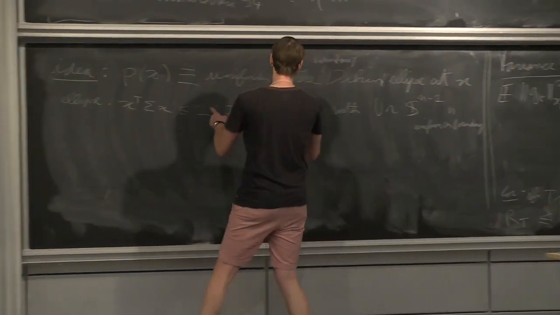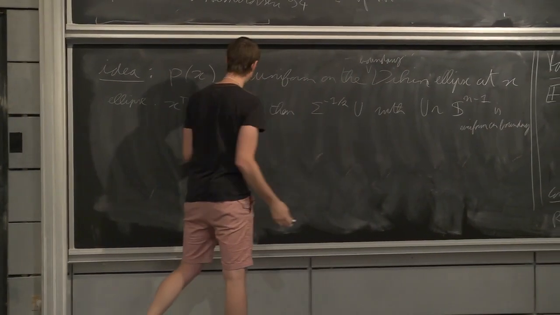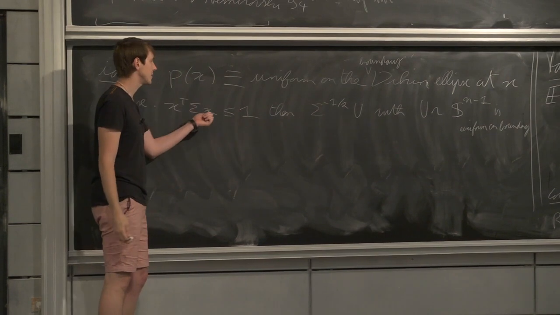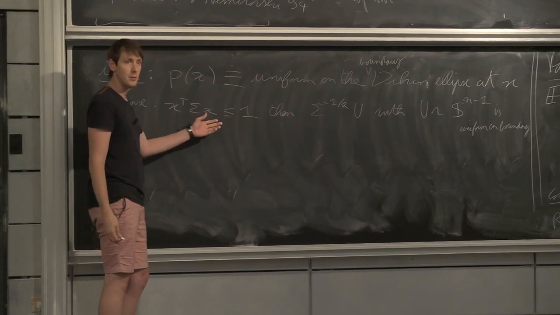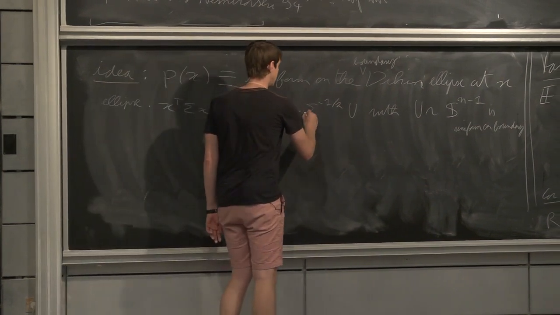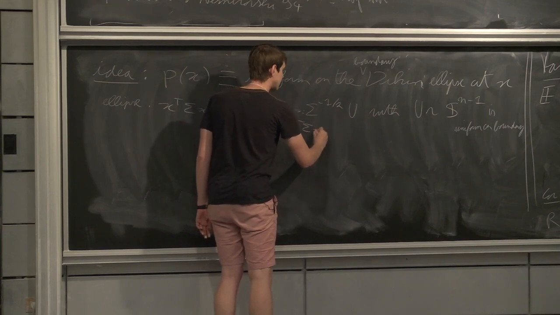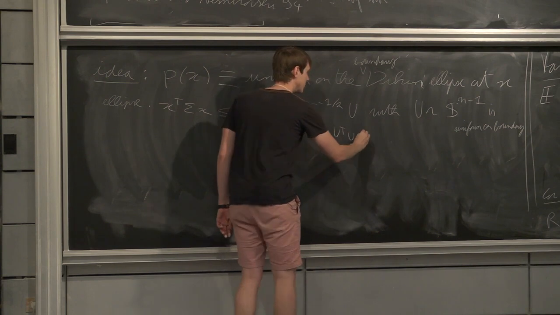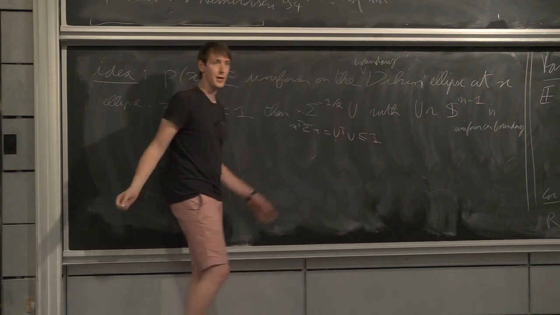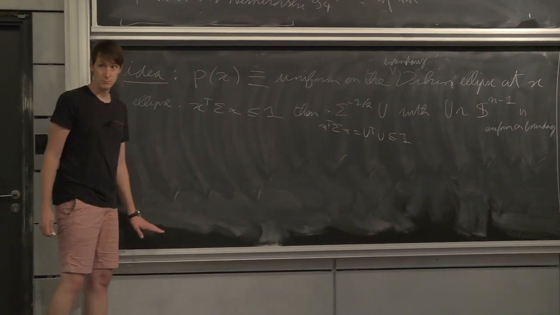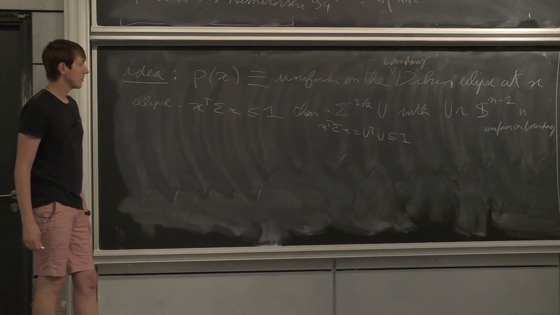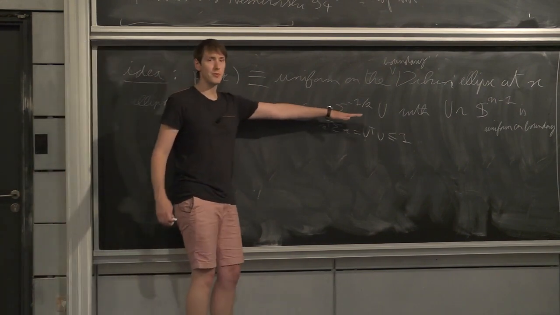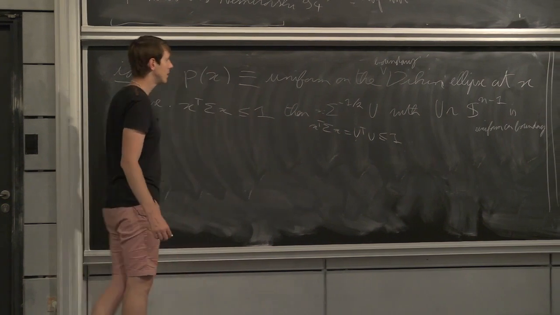If I take x, which is this, then certainly x transpose sigma x is less than 1, because this is u transpose u, which is less than 1 since u is on the sphere. That's the way to sample uniformly from the boundary of an ellipse.